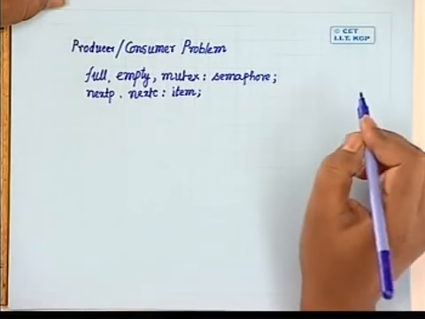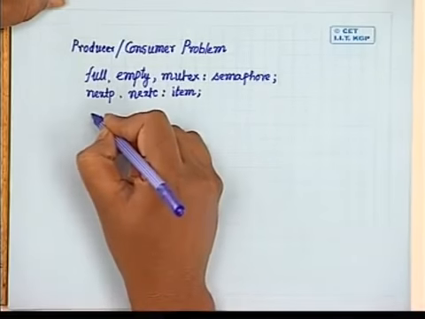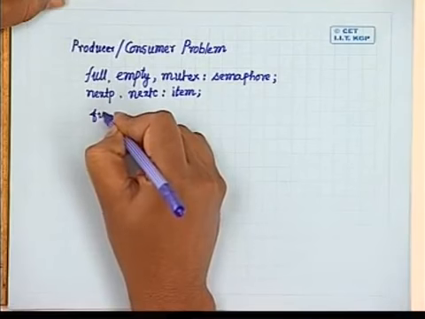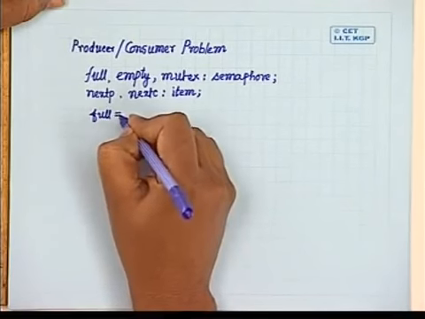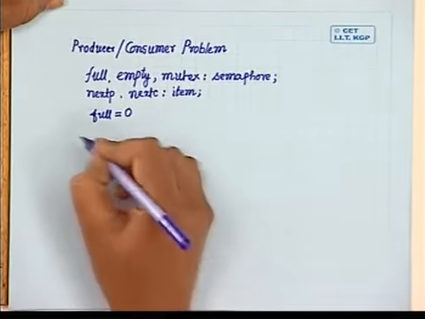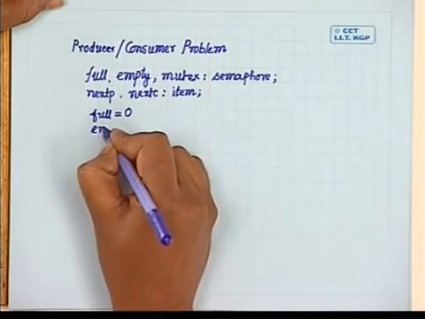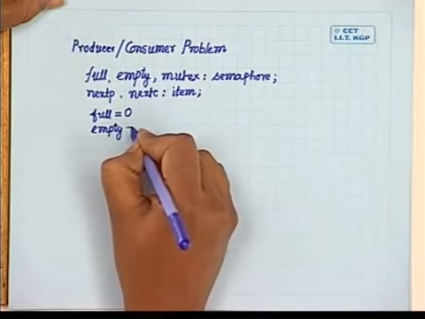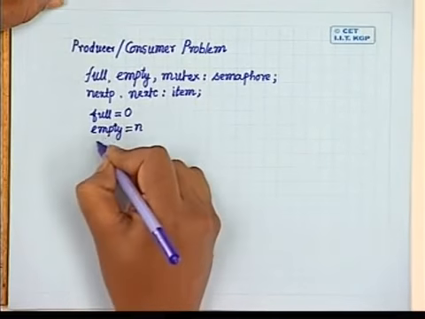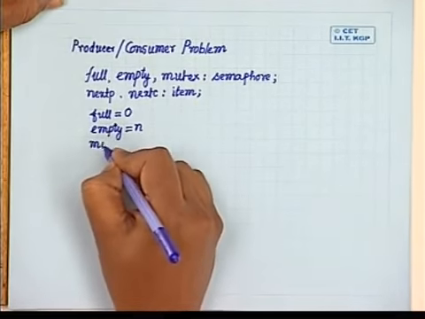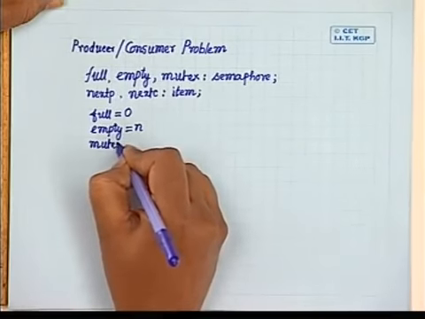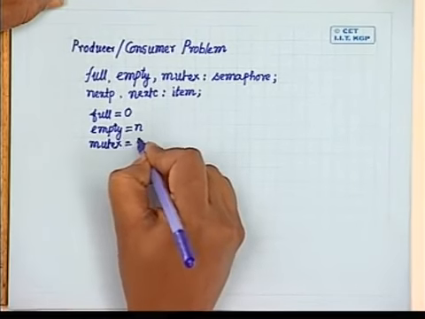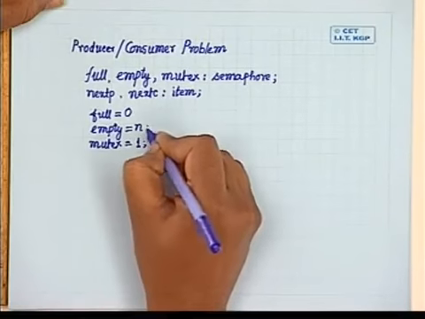Then we assume that the semaphore variable full is initialized to value 0, empty is initialized to n, and mutex is initialized to value 1.